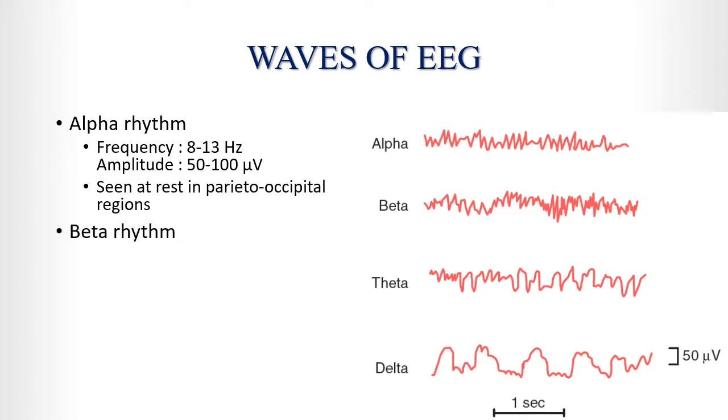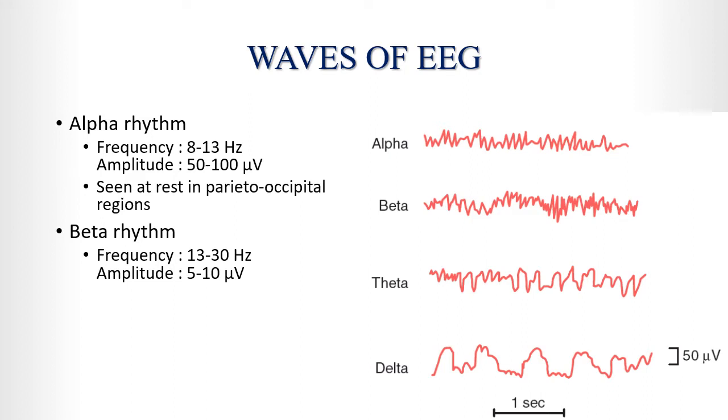Second is beta rhythm. Frequency of beta rhythm is 13 to 30 Hz, which is slightly more than alpha rhythm, but amplitude is 5 to 10 microvolt, which may be slightly smaller than the alpha rhythm, or sometimes slightly larger as well.